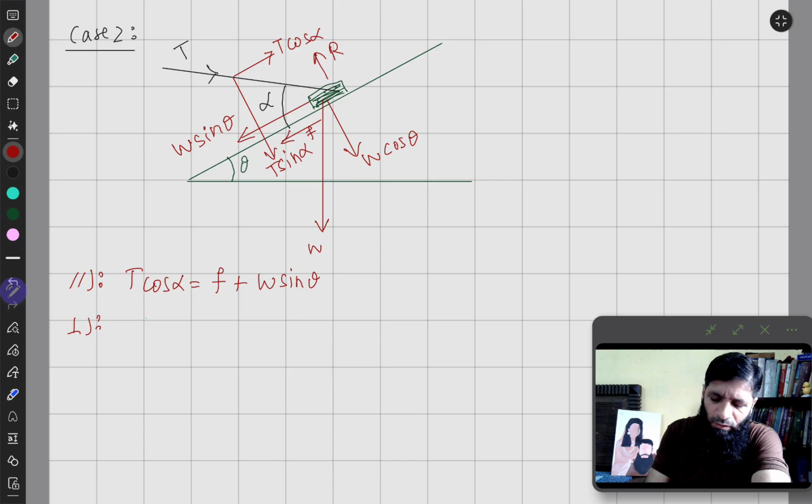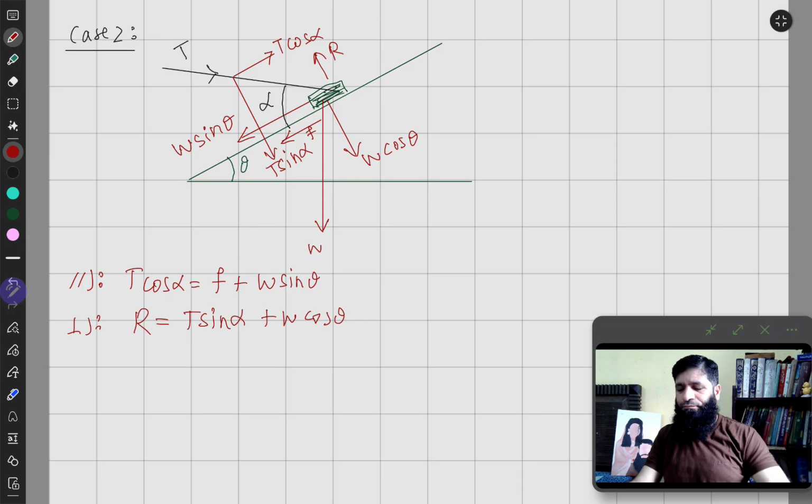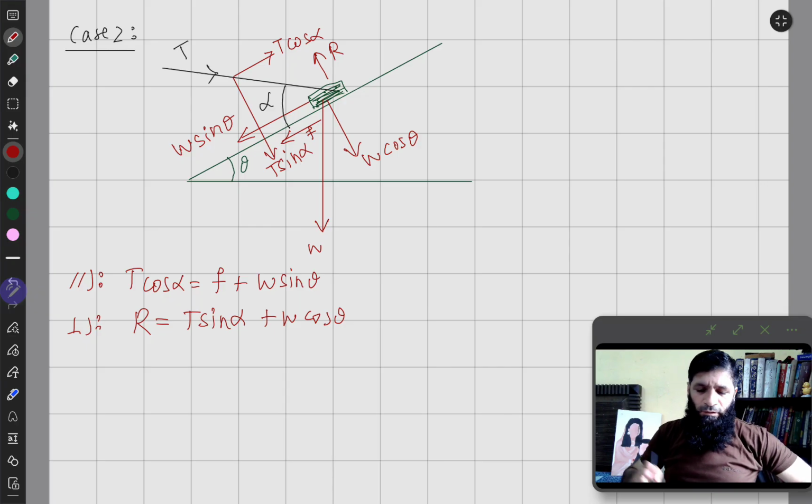So for vertical components, you can have an equation R equal to T sine alpha plus W cos theta. So this is case number 2 of inclined plane. Now we will solve some examples and questions regarding these concepts. So far we have done all the concepts related to mechanics 1 for forces and equilibrium. Now we are starting some questions.